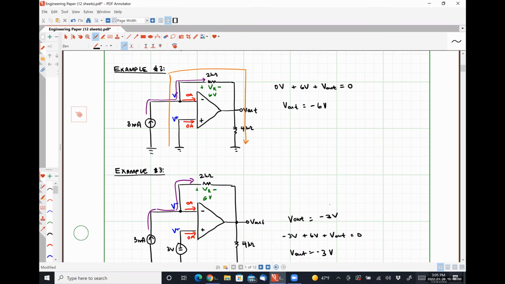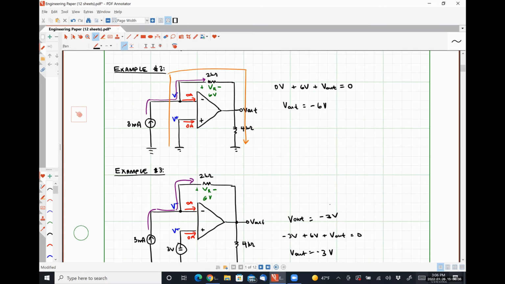For an ideal op-amp circuit, the resistance that we load it with is unimportant, as long as it's not a short circuit, which forces the output to be 0. If we directly short the output terminal to ground, it can't have any other value than 0. But if we have any non-zero resistor value, V out doesn't care what that resistor is. So we can start drawing it as an open circuit voltage at the output and get the exact same results.